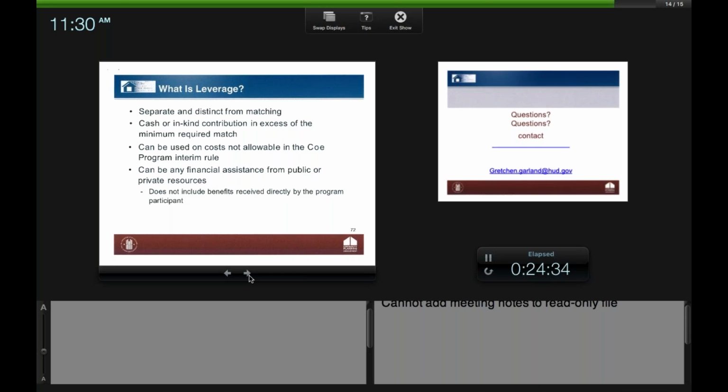As such, your leverage can be used on costs that are not allowable under the interim rule. And there's no limitation on that financial source being from any other public or private resource. And again, it does not include benefits that are received by or used directly by program participants.